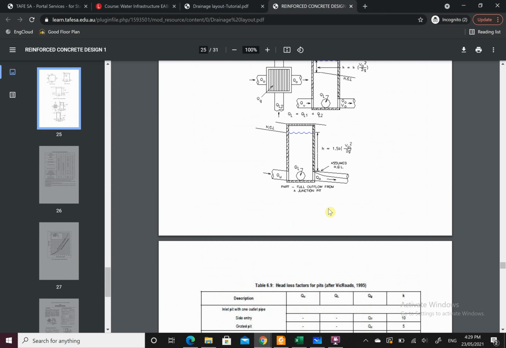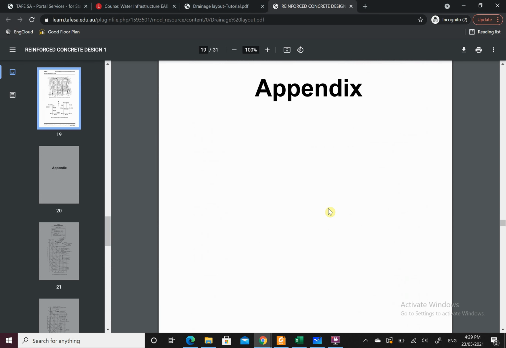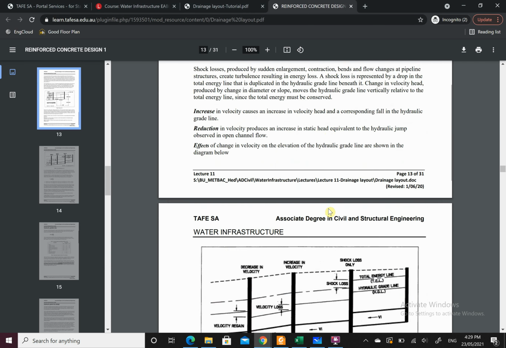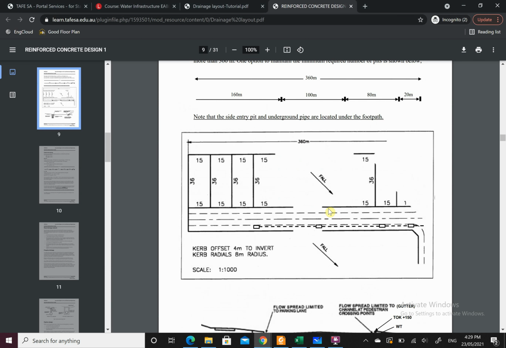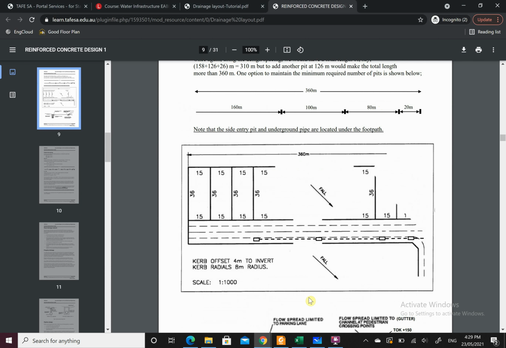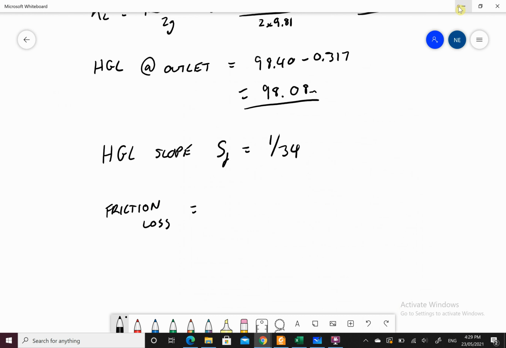Coming back to the example, I have 80 meters, so this time here, 80 on 34, which gives me 2.35 meters. So that is my loss, or my friction head loss.